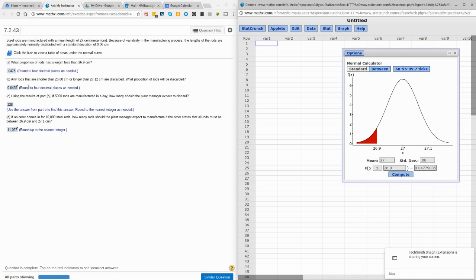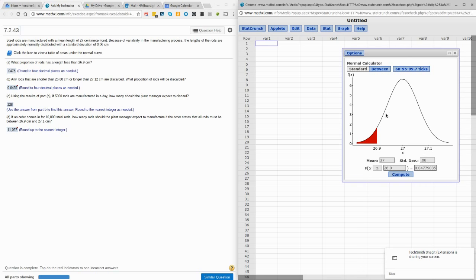The person that asked the question, though, was asking more about B and D. B is a little trickier. It says any rods that are shorter than 26.88 centimeters or longer than 27.1 are discarded. What is the proportion of rods that will be discarded? So we can do this two ways.